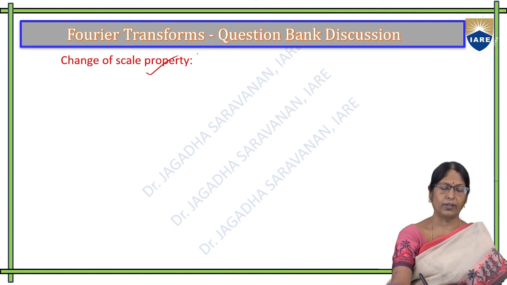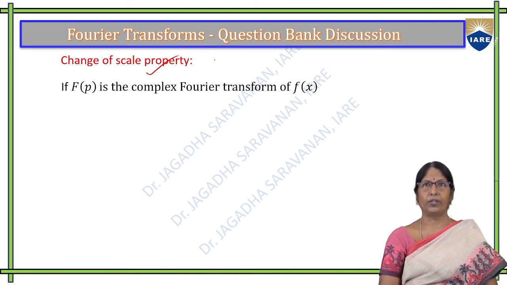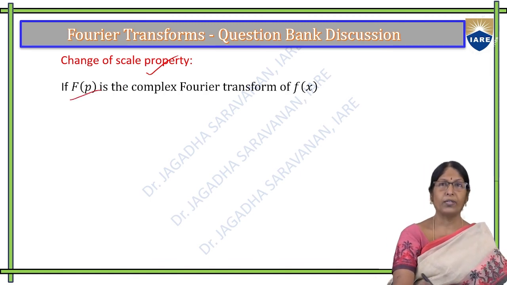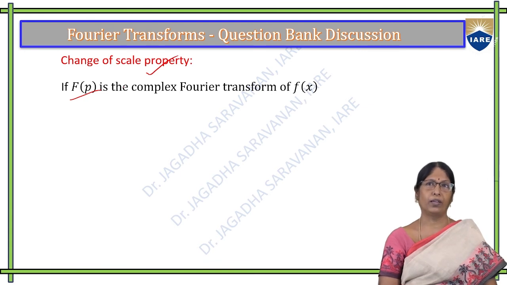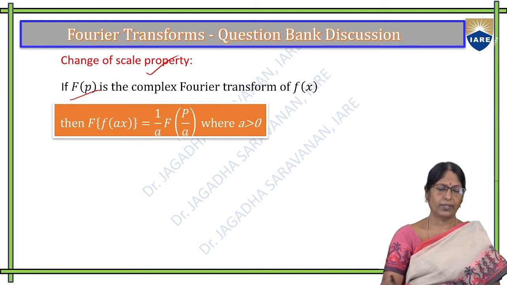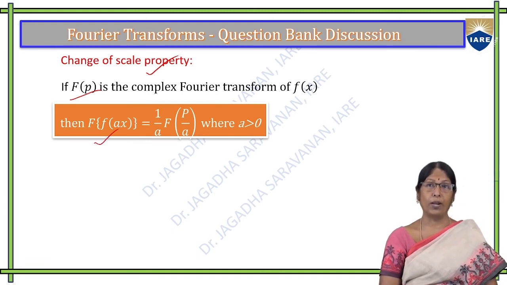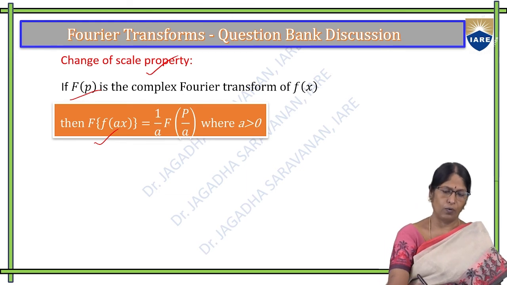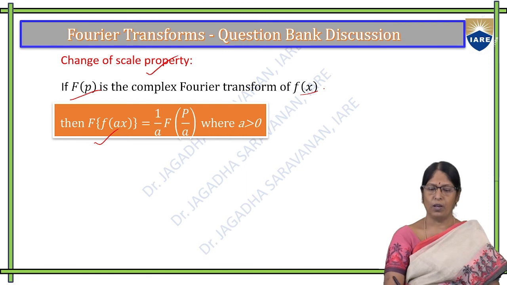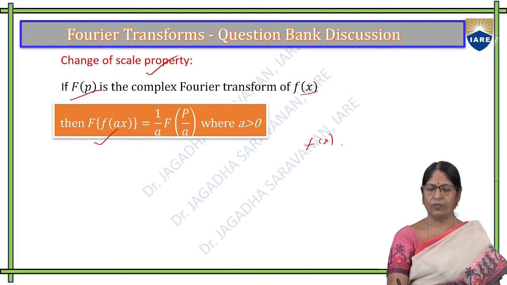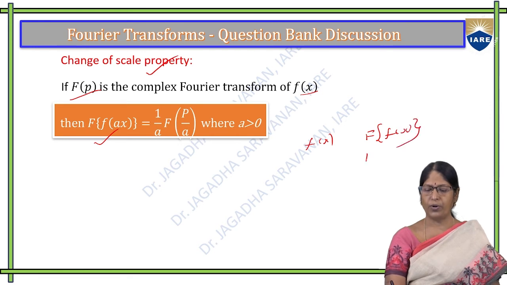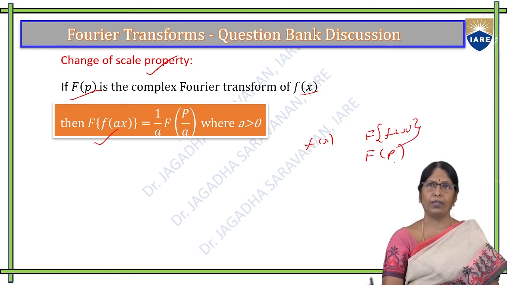Next is the change of scale property. That is, if capital F of p is the complex Fourier transform of f of x, where instead of x only f of x is there, the Fourier transform is capital F of p.